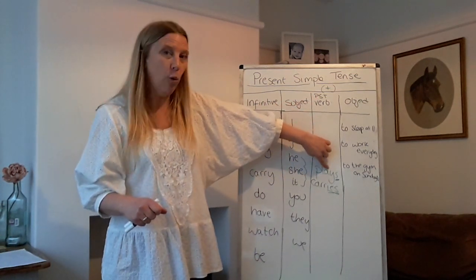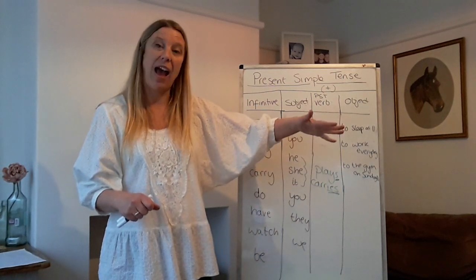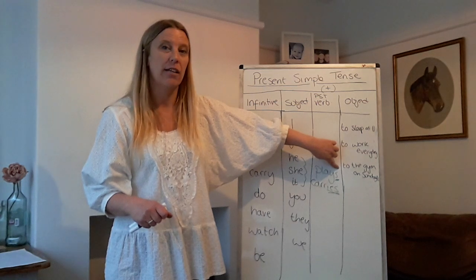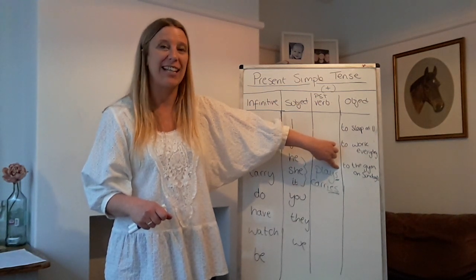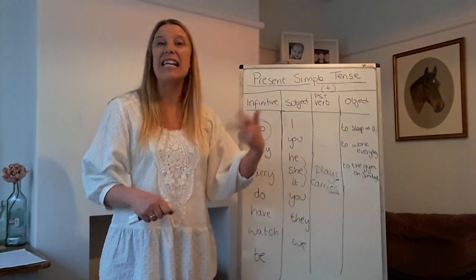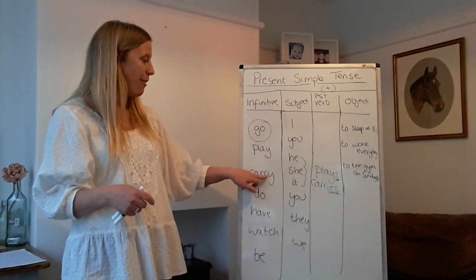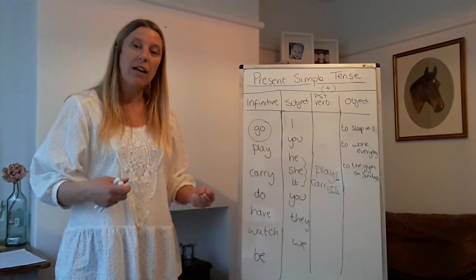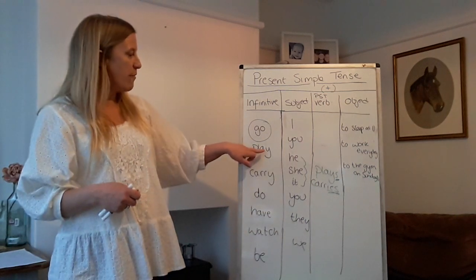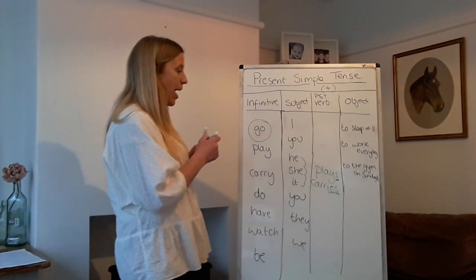If there's a vowel before the Y, so A, E, I, O, U are vowels, like the A in play, we just add an S. So play becomes plays. If there is a consonant before the Y, so that's B, C, D, F, G, etc., like there is in carry, we remove the Y and we put IES. So if it's a vowel and Y, we just add S, like play or buy.